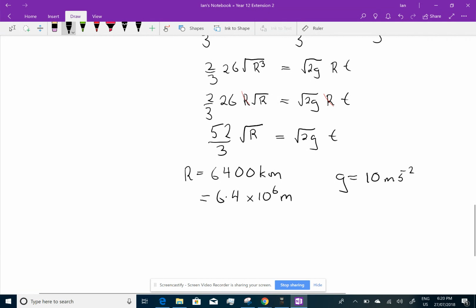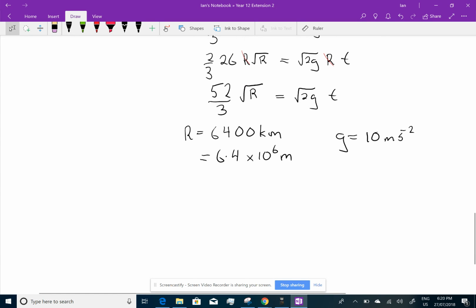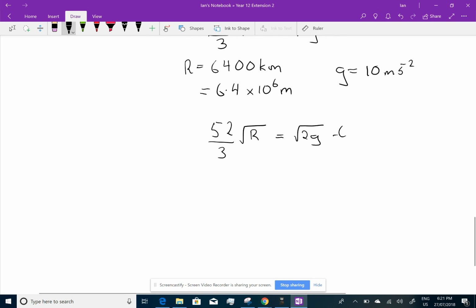So let's go back. 52 on 3 root r equals root 2gt. Let's take that root 2g over, 52 on 3 root the radius on root 2g. That's going to be my t. 52 on 3 square root the whole lot r on 2g equals t.